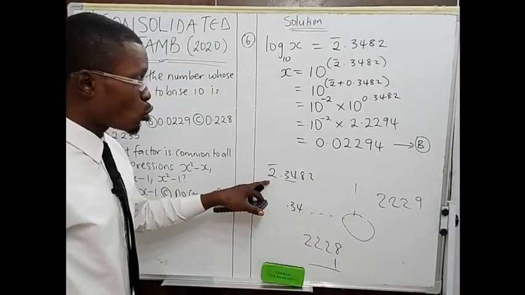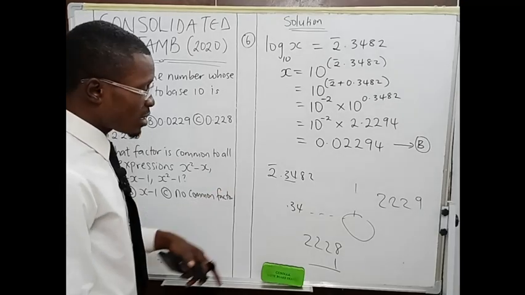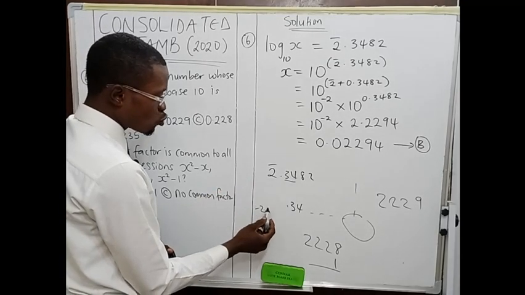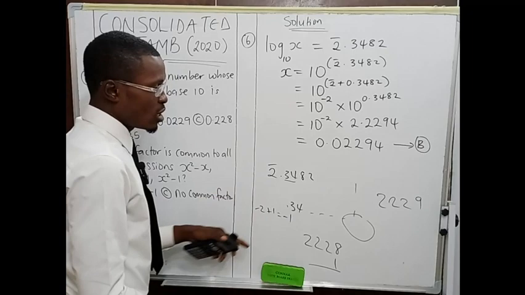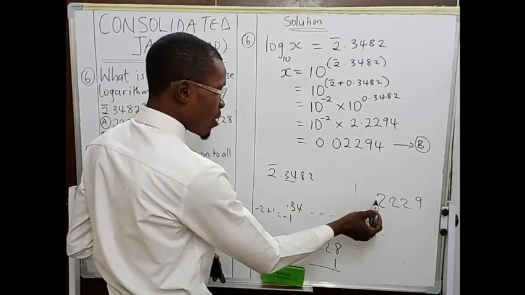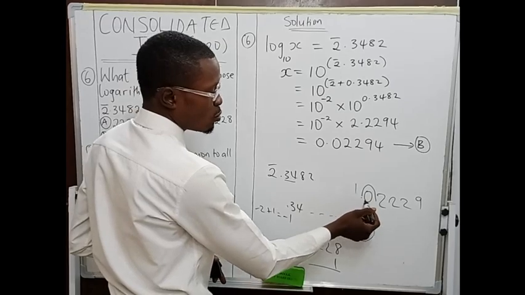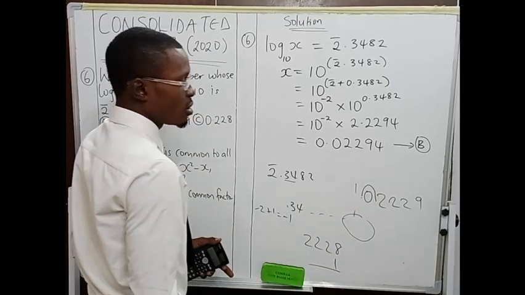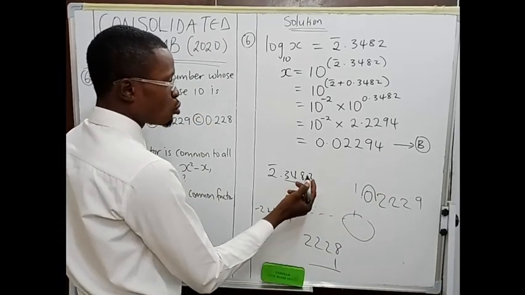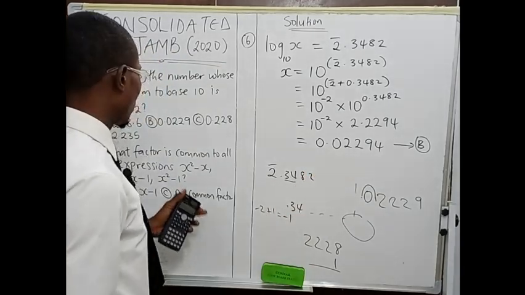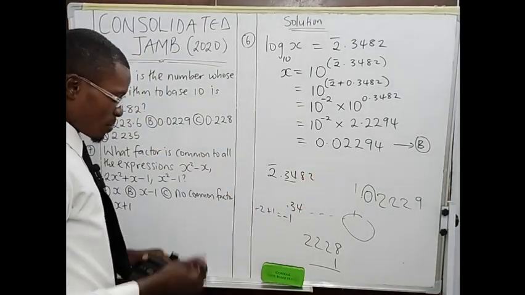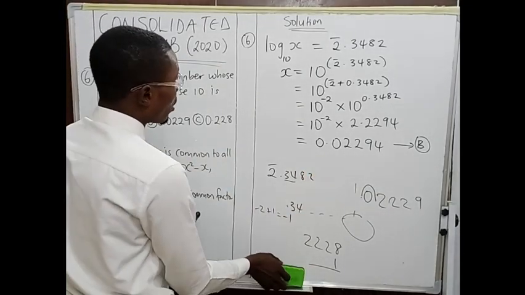You go to the characteristics, you add 1 to the characteristics. Minus 2 plus 1 is minus 1, meaning you are moving the point backward once. You still have 0.022. So 0.02229, approximately. That's that for number 6.